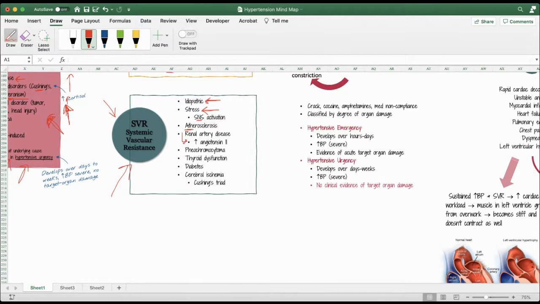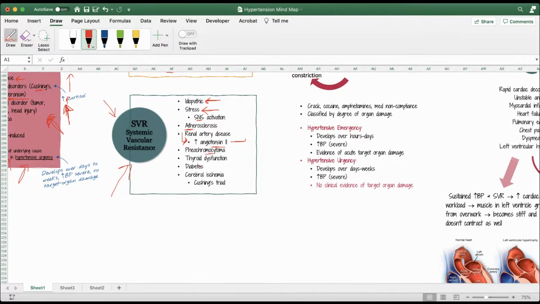Renal artery disease, again, because we end up with that increase in angiotensin 2. And angiotensin 2, the number one thing it does right away is vasoconstriction. It's going to constrict those blood vessels right away. Then it's going to do the whole aldosterone and ADH thing as well.